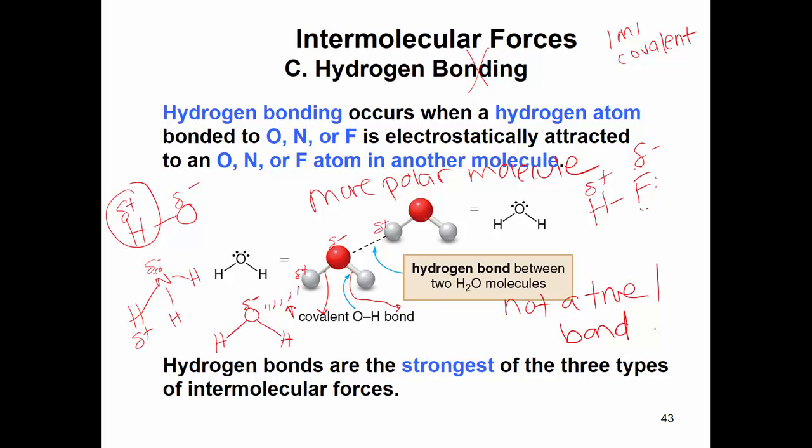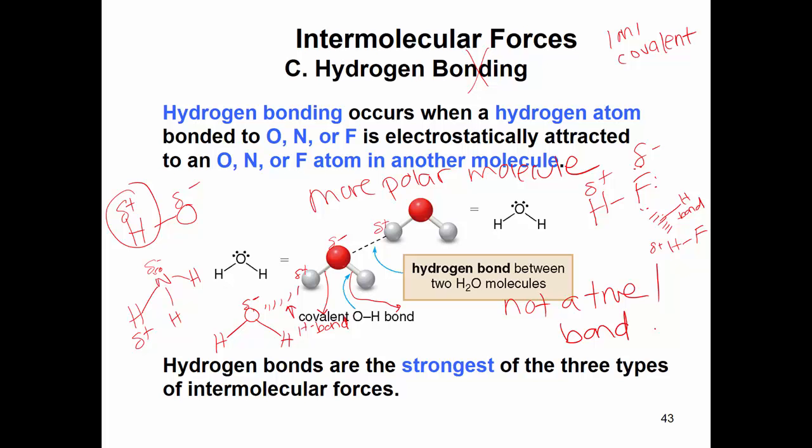So this right here would be a hydrogen bond. Same over here with HF. Partial negative has to be attracted to partial positive. So there would be a hydrogen bond.